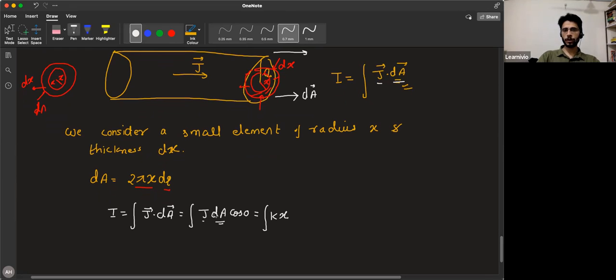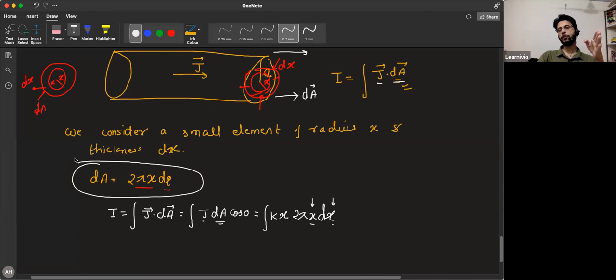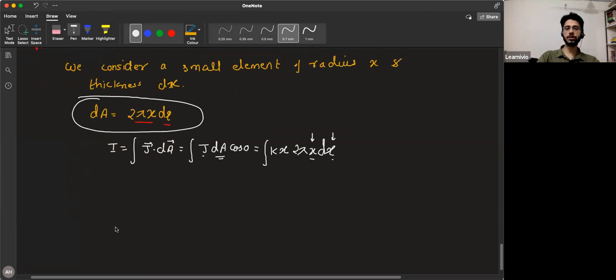But if you write that dA as 2 pi x dx, how many variables do you have? Just count the number of variables. You just have one variable, only x. So by choosing this elemental ring, you have converted a problem which can have two variables into a problem which has just one single variable.